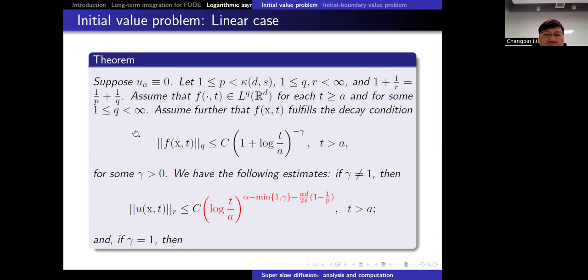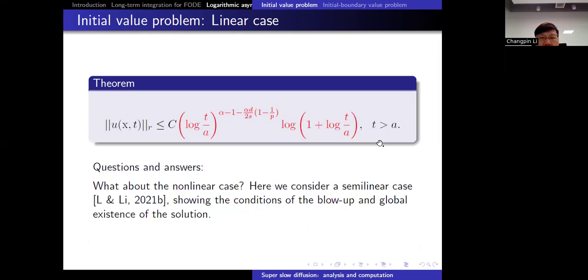If f of x and t has the following decay condition, we have the following estimates. If gamma is not 1, then we have this estimate. If gamma is 1, we have this one. We have this factor instead of a logarithmic function.